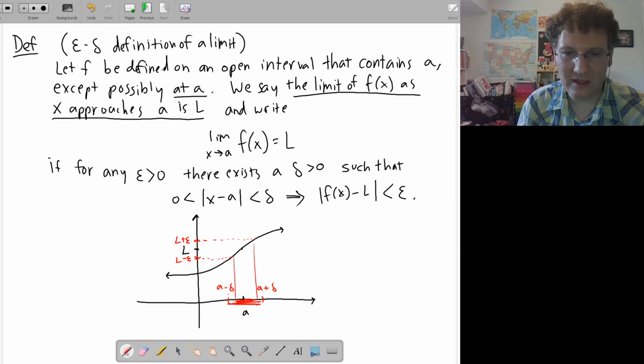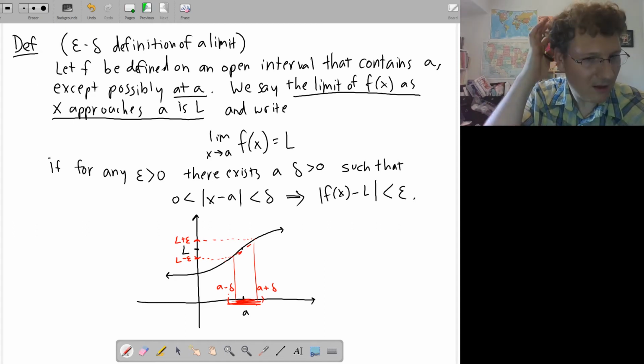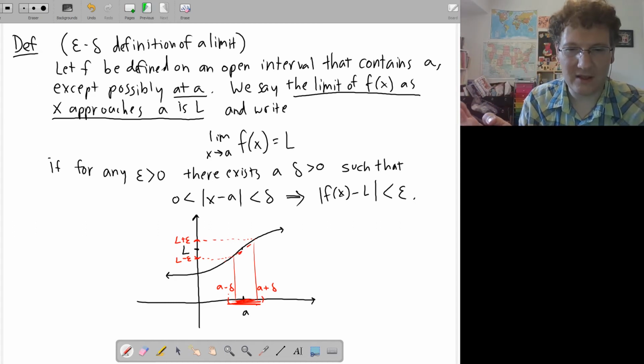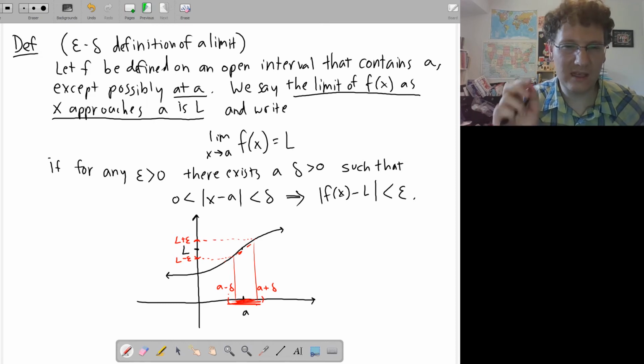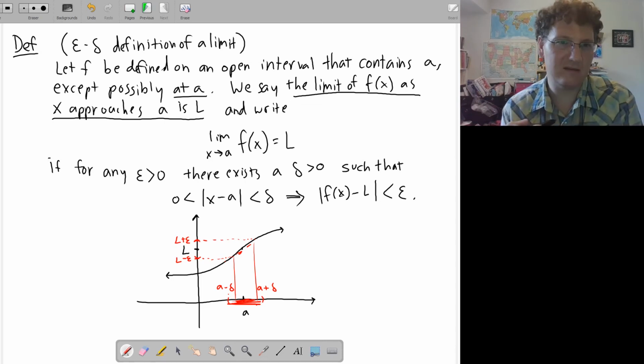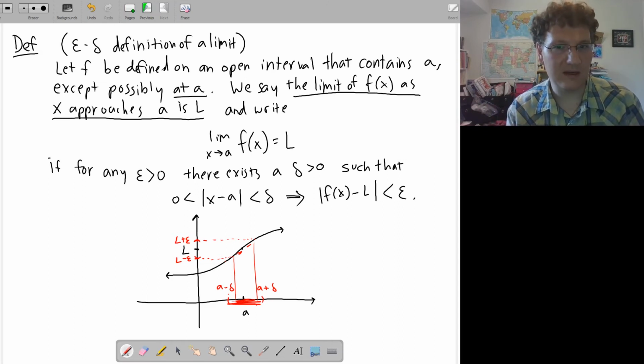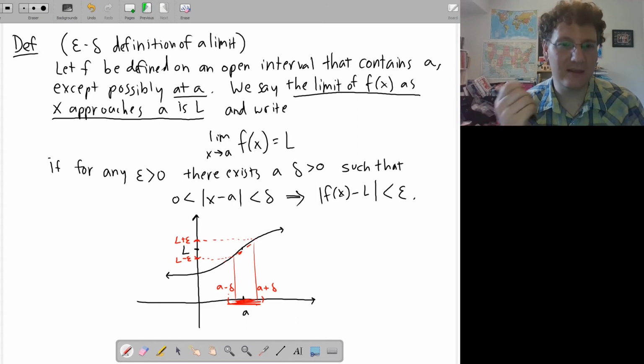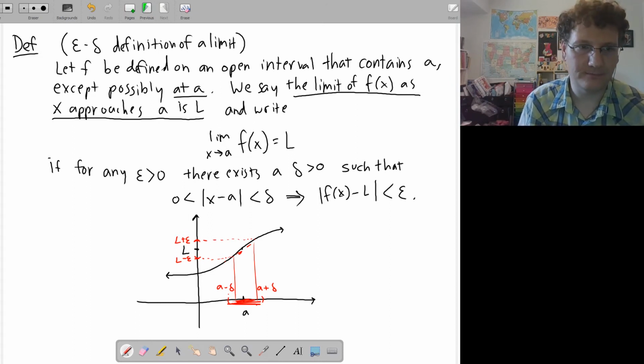As long as x is within that interval, the function value is going to be within L plus or minus epsilon. As long as one person demands that it be within epsilon, we can respond by finding a delta, and the delta can depend on epsilon. It can be a function of epsilon. In fact, it usually will be. As long as that can be achieved, that satisfies the definition, and then L is the limit of the function.